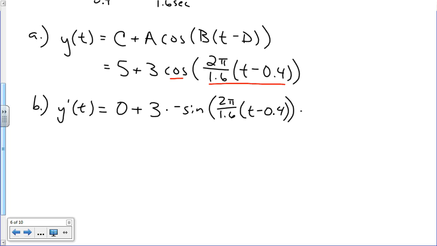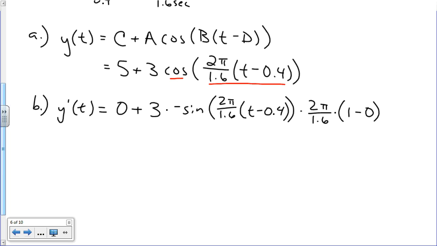And then we multiply it by the derivative of the inside, which if you look at the inside function, it's really a constant, 2 pi over 1.6 times some function. So just follow your rule for the derivative of a constant times a function there. The rule is the constant stays out front times the derivative of our function, which derivative of t is 1 minus the derivative of 0.4 is 0.